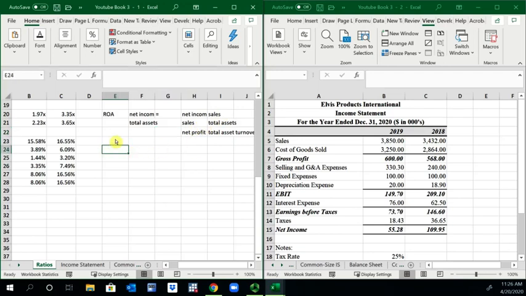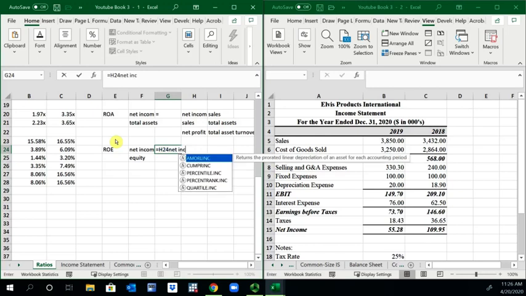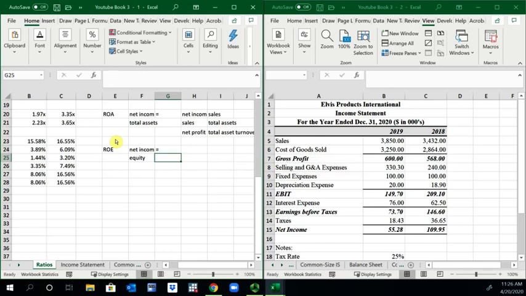Another thing to consider, do the same thing with ROE. Remember, ROE is equal to net income divided by equity. That is equal to net income divided by total assets, multiplied by total assets, which will cancel out, divided by equity.